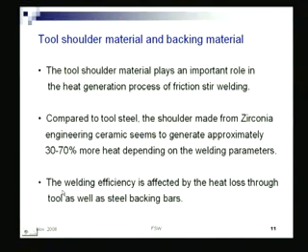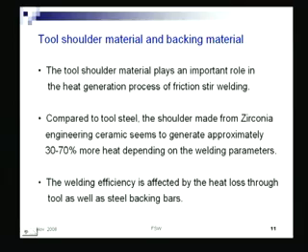So, if you use a very conducting material and make a tool out of it, you may not be able to achieve the required quality of the weld because much of the heat will be lost. So, that is how that plays an important role.